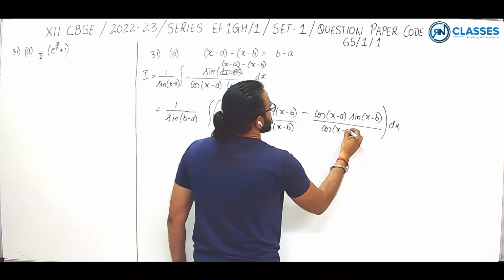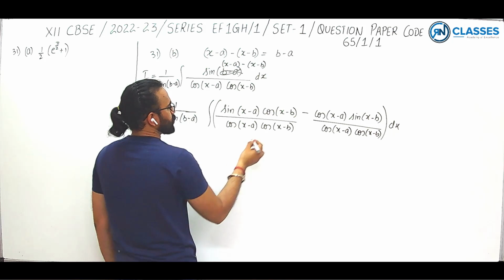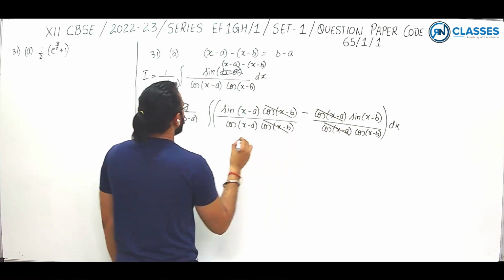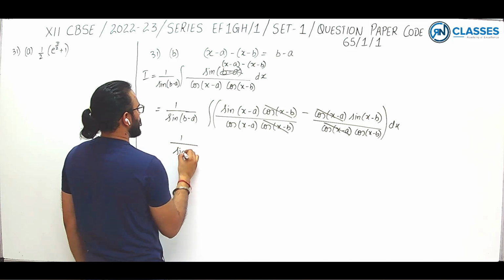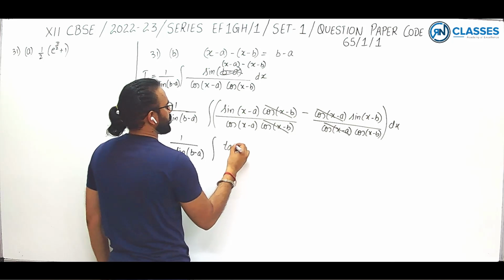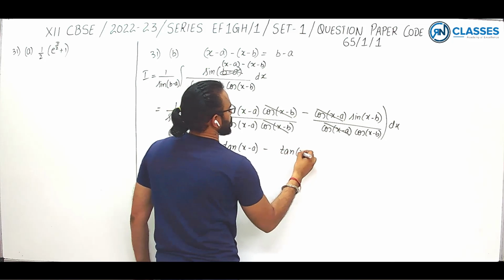If you notice, cos of x minus b gets cancelled out, and from here cos of x minus a gets cancelled out. Finally we will get 1 upon sin of b minus a, the integration of this becomes tangent of x minus a and this becomes tangent of x minus b.